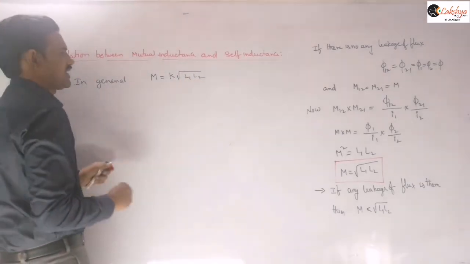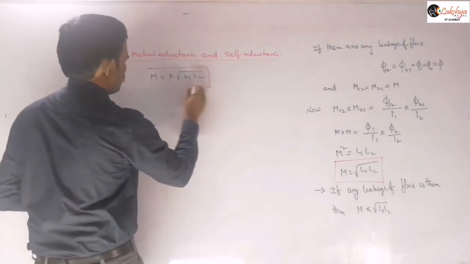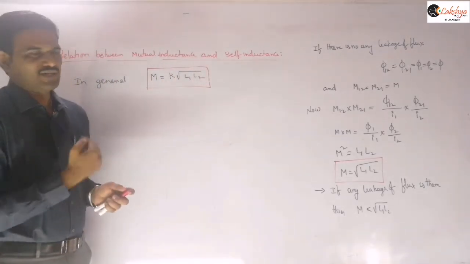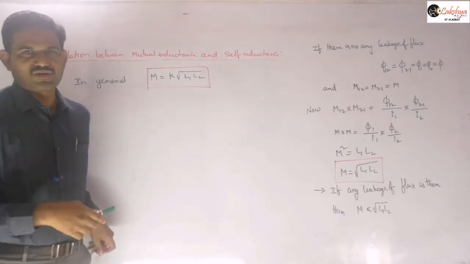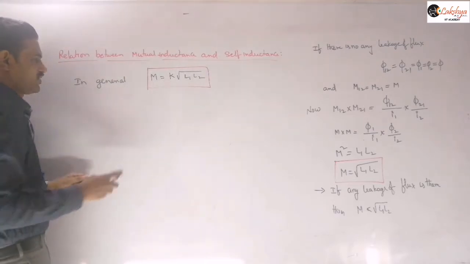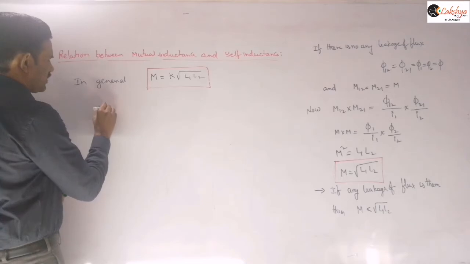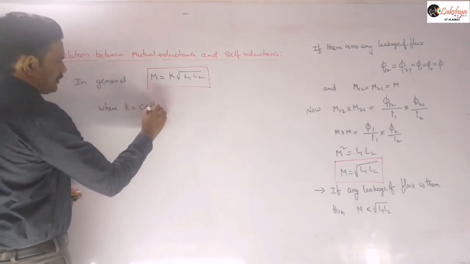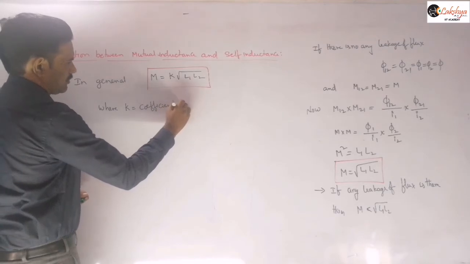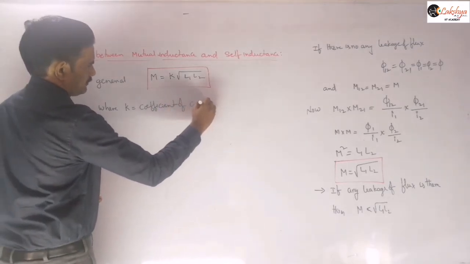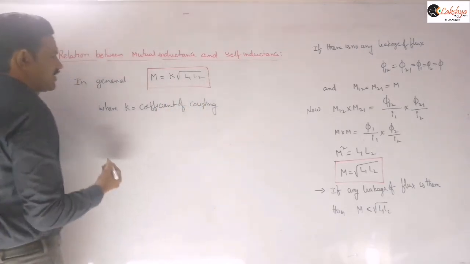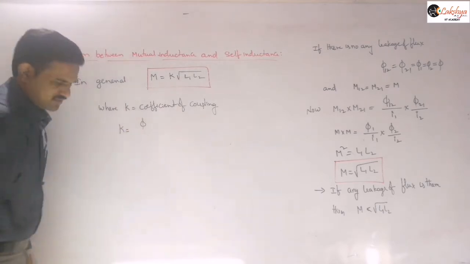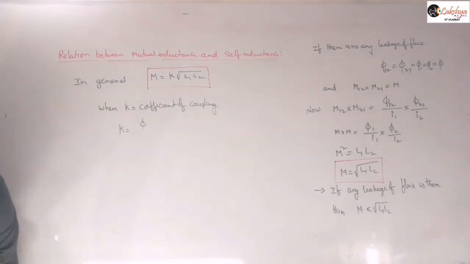Here K is what we call the coefficient of coupling, which is defined as the ratio of flux linked with the second coil to the flux linked with the primary coil. Where K is the coefficient of coupling, which is defined as, phi means flux linked here.